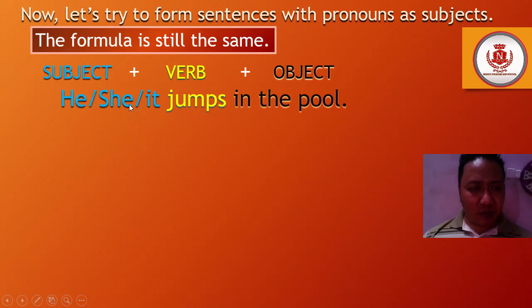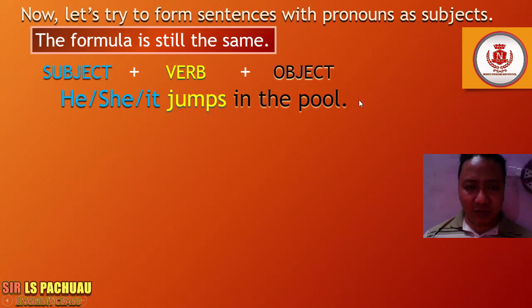But for a noun, let's say like pig, if it's going to be plural, we add S, pigs, right? But in verbs, we add S in the singular, but in the plural, we do not have an S. We cut off the S. Understand? So that is why he jumps in the pool.